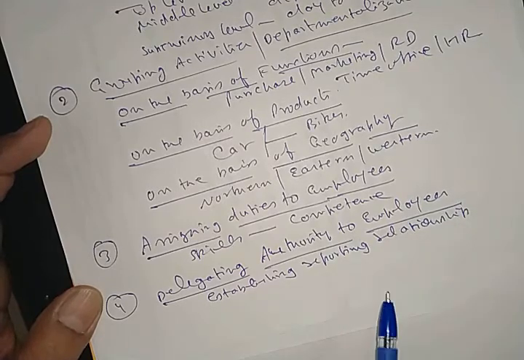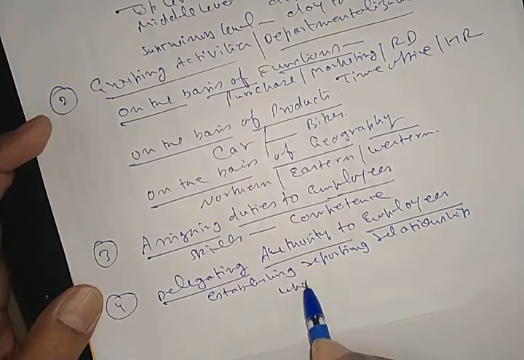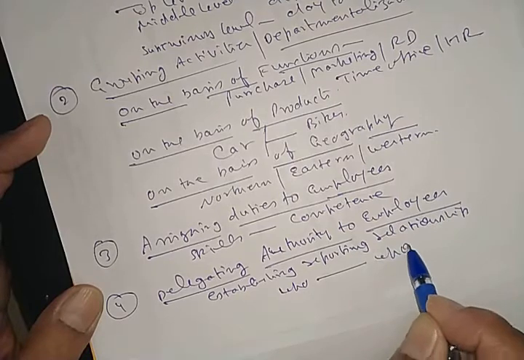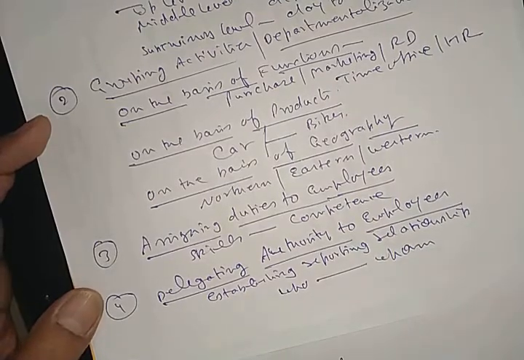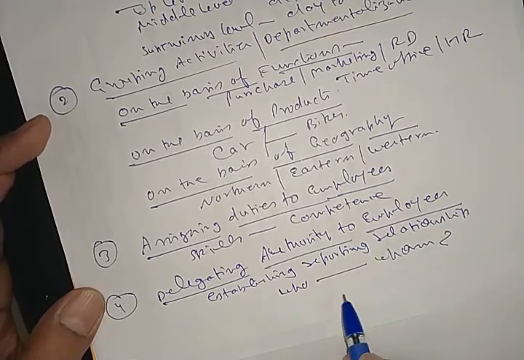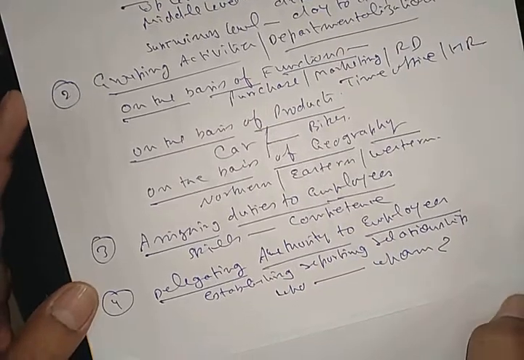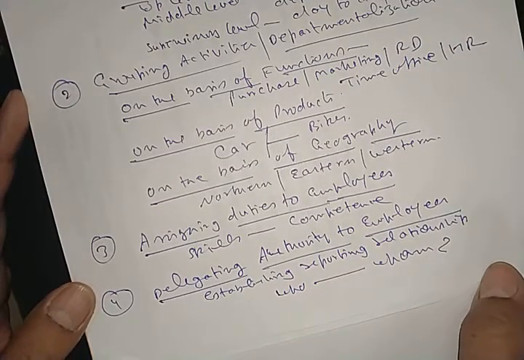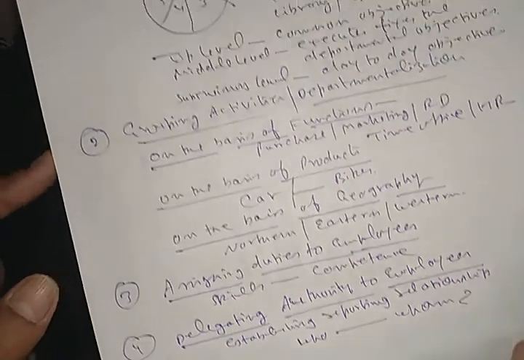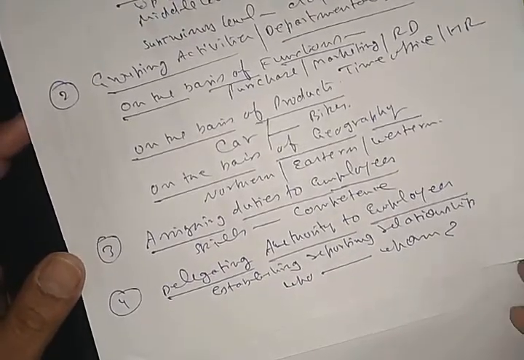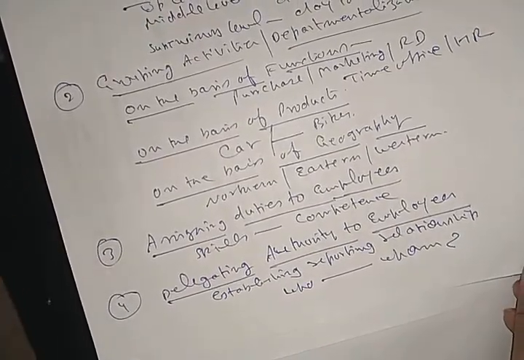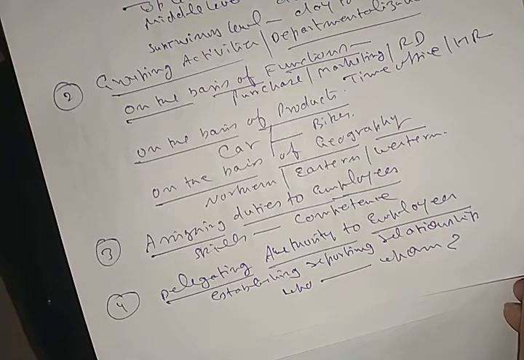Reporting relationship means who will report to whom. There should not be any conflict between the person who is supposed to report and to whom he has to report. So there should not be any confusion about it.